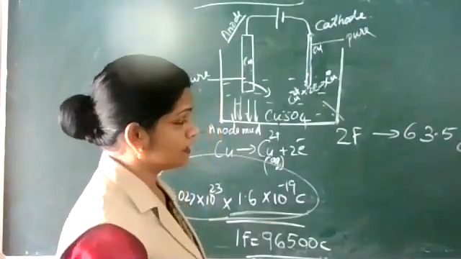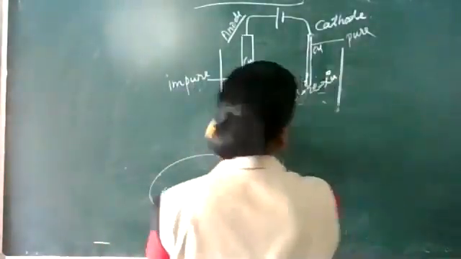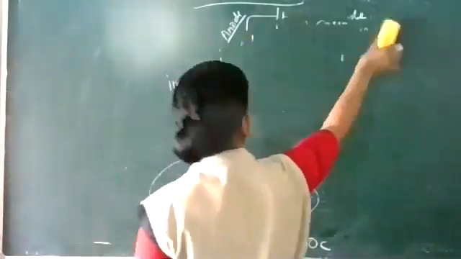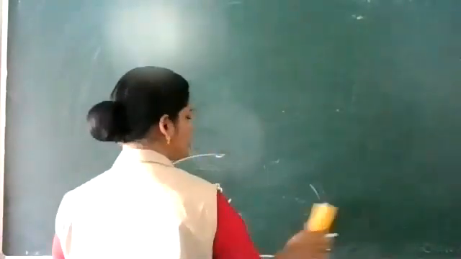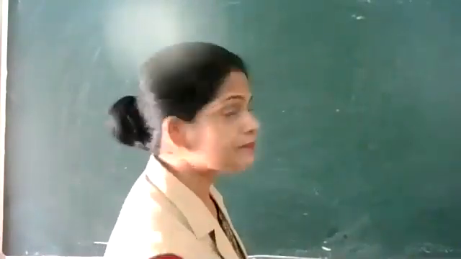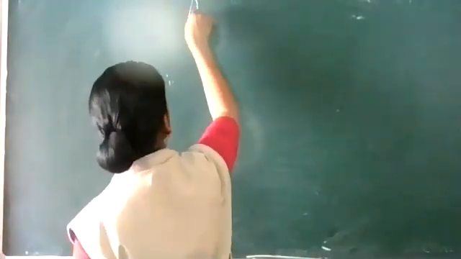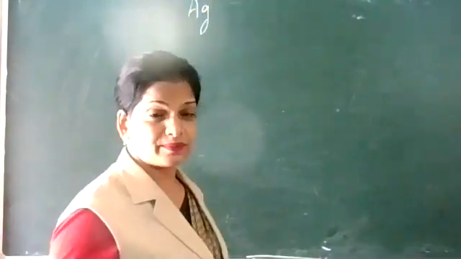Now consider aluminum or silver or magnesium or sodium, other atoms; in the case of copper it was 2 Faraday. Let's consider silver.